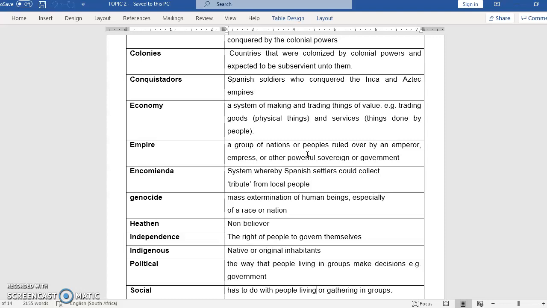For now, you need to know that genocide is the mass extermination of human beings, especially of a race or a nation. Usually when they ask questions on that, they'll ask you to discuss whether you think this was genocide or not. Basically, in genocide, everybody gets killed because of their belief or because of their race. They are targeted and they are killed. So that is genocide.